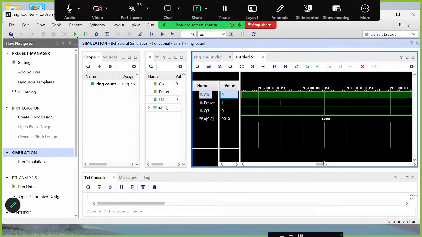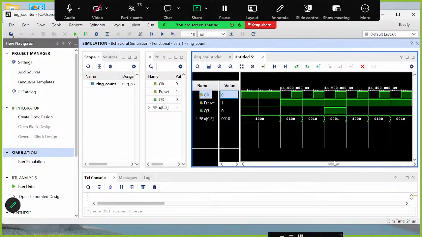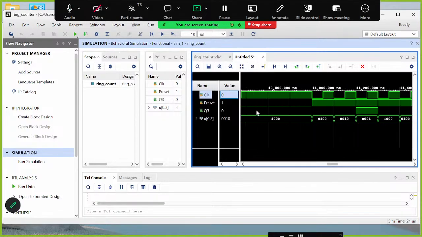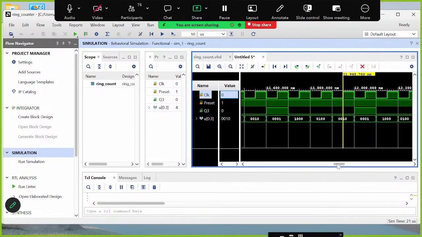And over here you can see your Q3 output is also updated. Q3 is updated after four clock cycles, meaning you will get that value 1 after 4 clock cycles. In the fourth clock cycle you will get the output. So after every 4 cycles you will get the output in Q3.